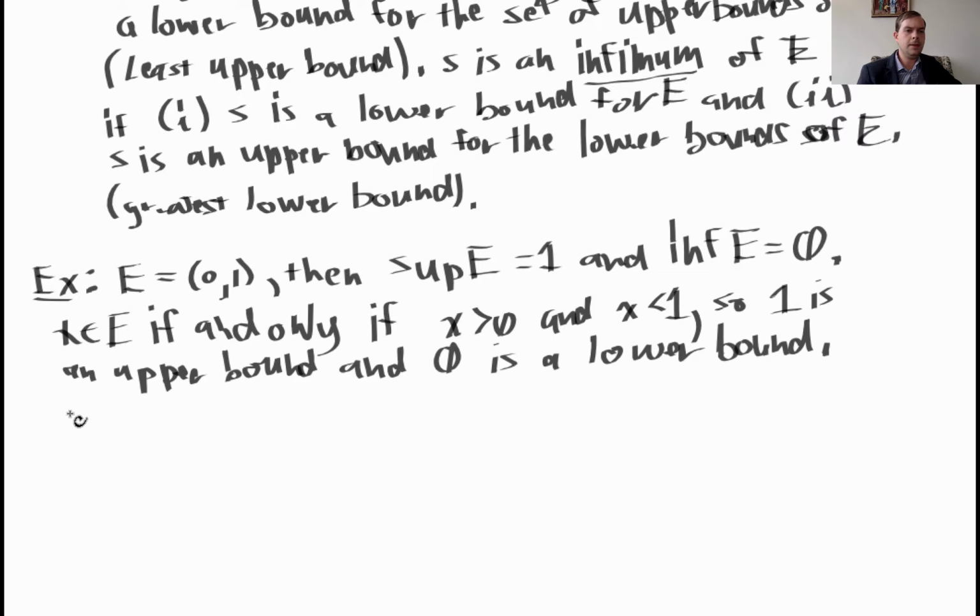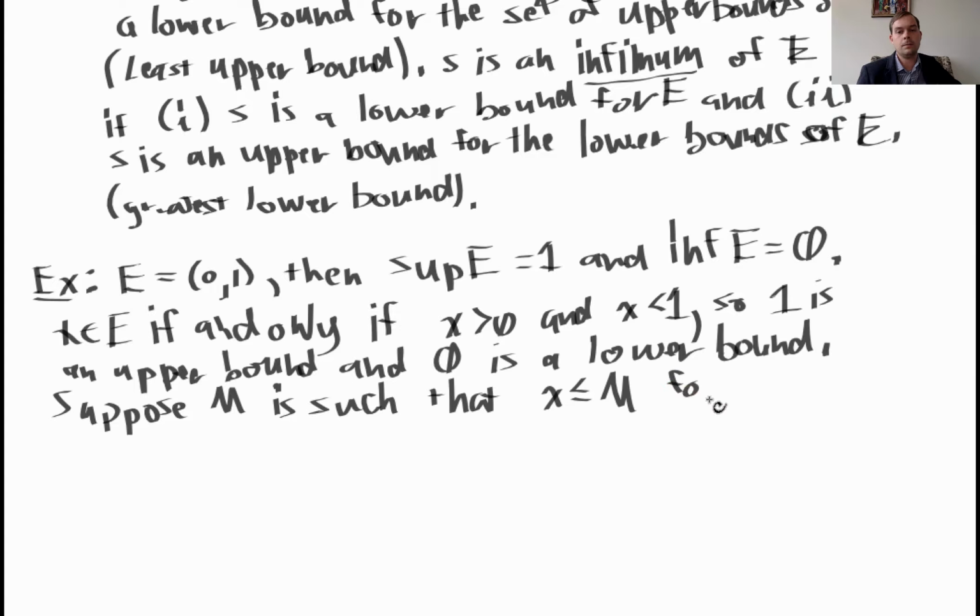But now we have to show that these are the least upper bound and greatest lower bound, respectively. So we'll do this for just 1. We'll show that it's the least upper bound, and 0 will follow similarly. So suppose m is such that x is less than or equal to m for all x in (0, 1).